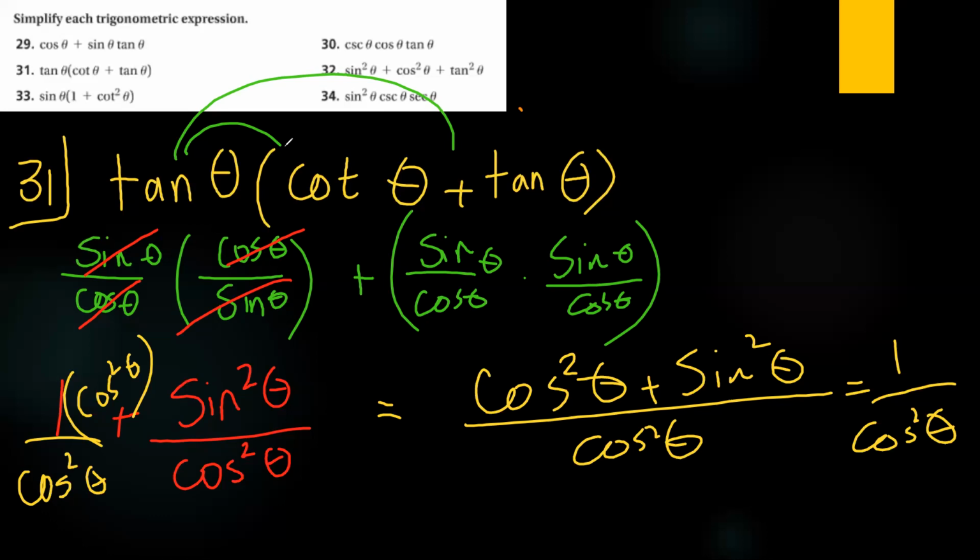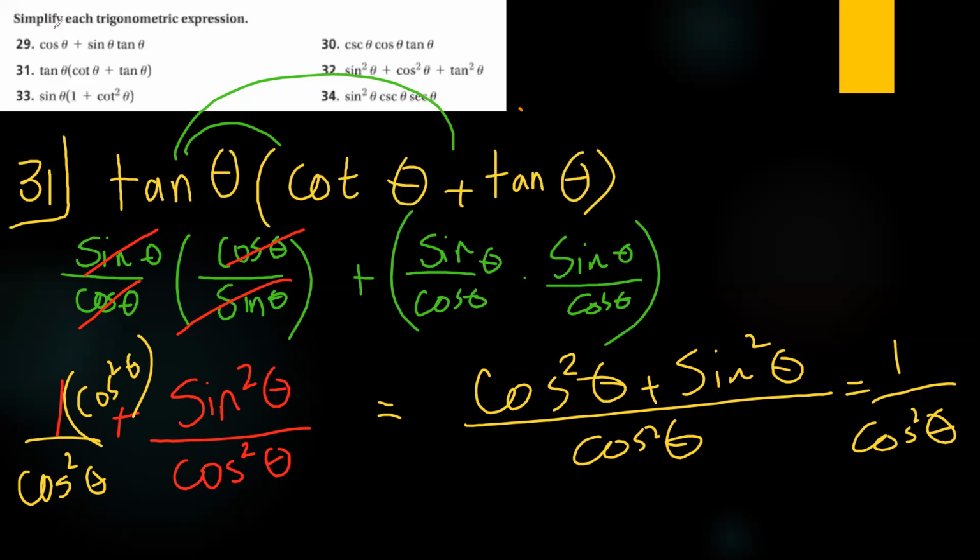Okay, teacher, thank you. Is it clear? Also, in the last step we had 1 plus tan squared. We don't need to unify the denominators. We can just use the Pythagorean identity, that is equal to secant squared. And 1 over cosine squared, you can write as secant squared.